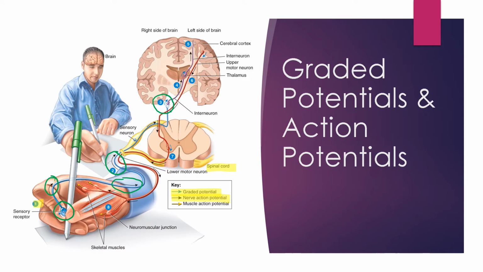And the interneuron is then going to produce an action potential. This is in response to the graded potential at number 3. This action potential is going to travel along the axon, which causes neurotransmitter release at another interneuron right here in the thalamus.